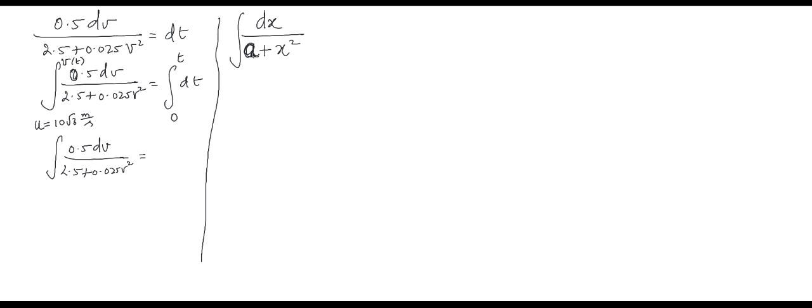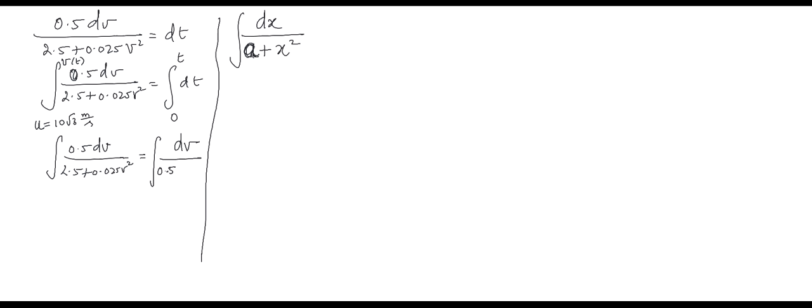You're okay with that? So this will look like the integral of dv divided by, if I divide 2.5 in the denominator by 0.5, that will become what? 0.5 here, right? Yes.